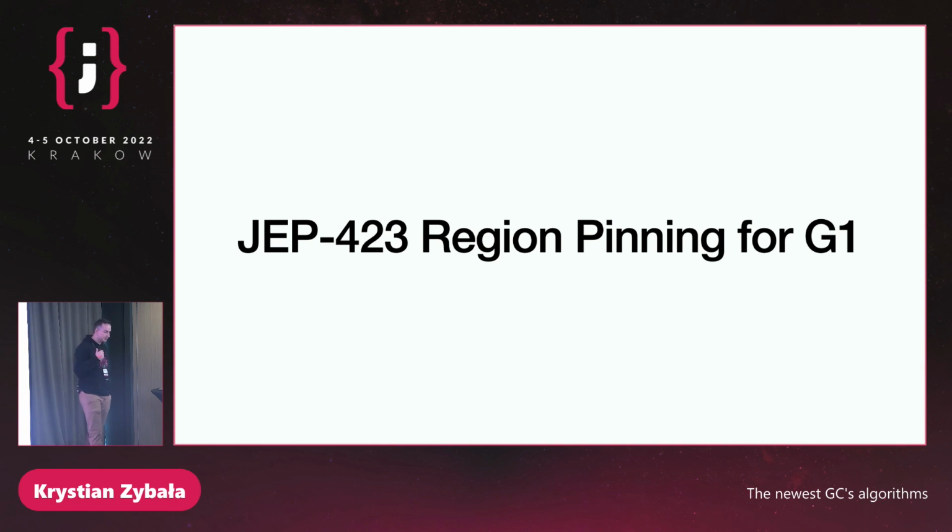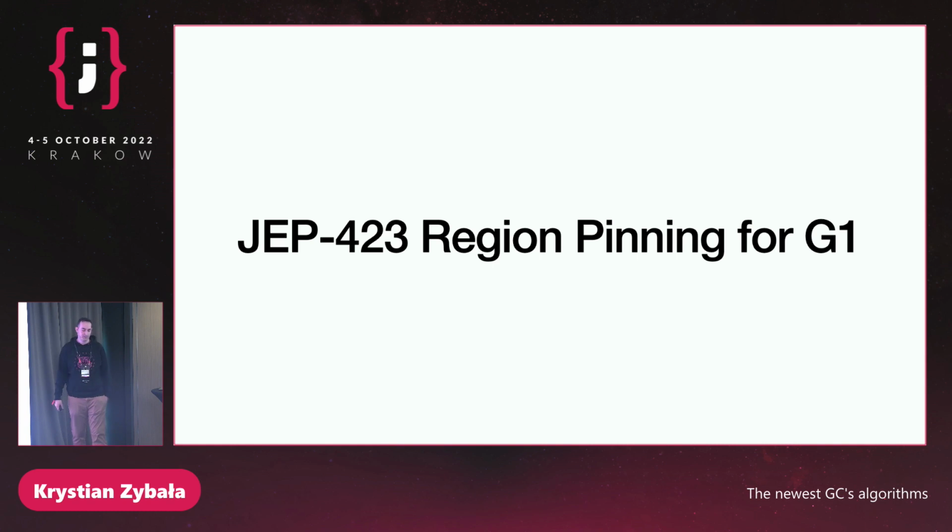this improvement is in Java 20. It's not released yet, but this is a very huge improvement for G1. What does it mean? It means that this JEP will resolve problems with safepoints when you, for example, use JNI and so on.